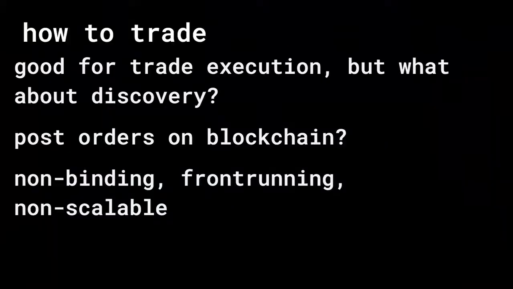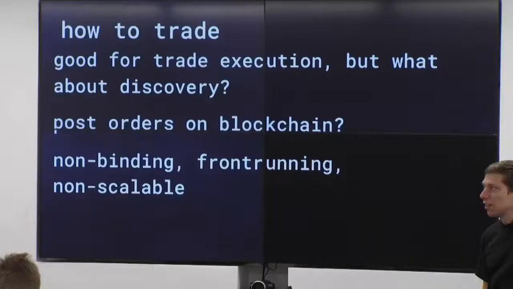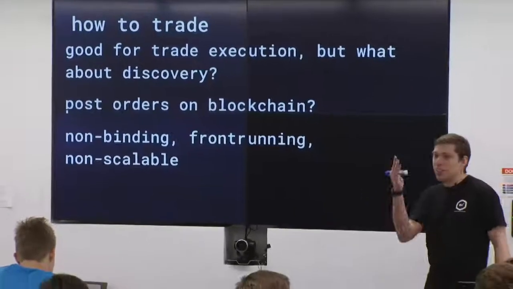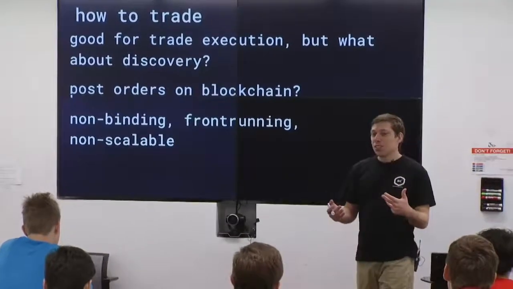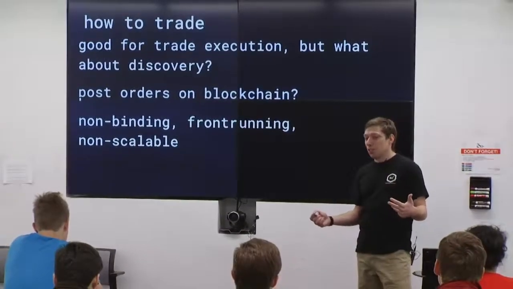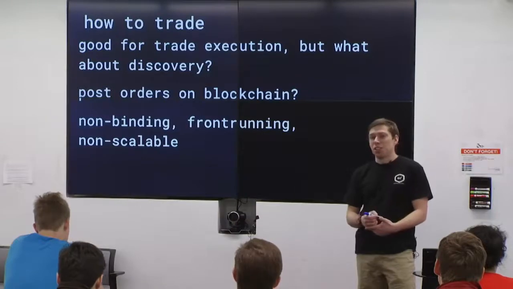There can be front running, where the orders can go in in the wrong sequence or time, and it's not scalable, because if everyone's posting orders on the blockchain, that can take up a lot of space, probably more so than actual transactions. I'm sure maybe the total number of orders placed on an order book versus the total number of actual order executions.